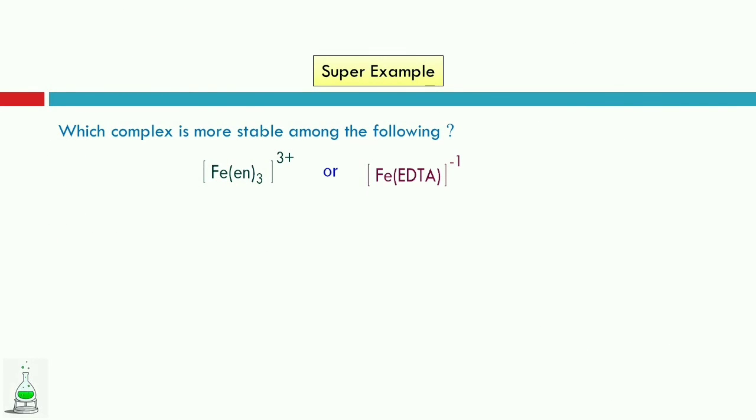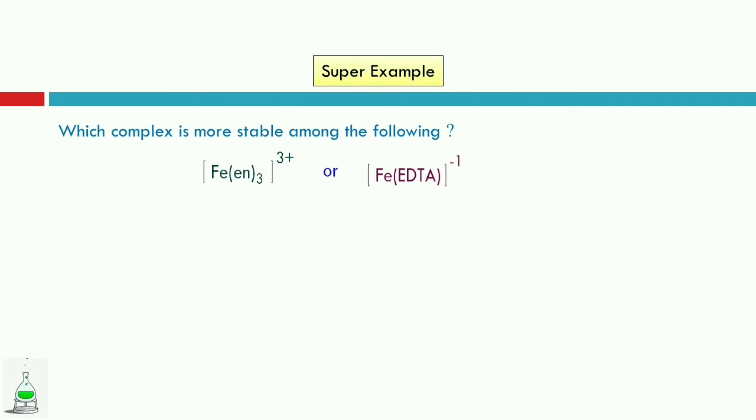Here we have one question: which complex is more stable among the following? Here we have two complexes in which the central metal ion is same but the ligands are different. In the first complex, ethylene diamine is the ligand, and in the second complex, EDTA is the ligand.